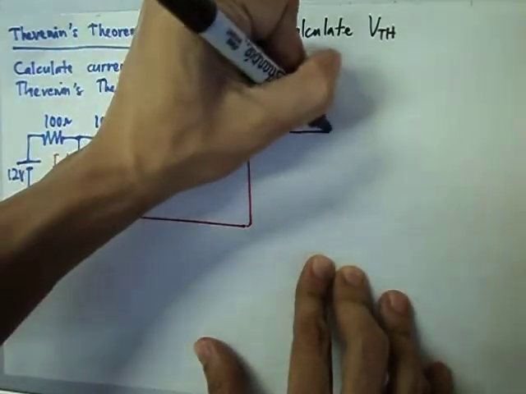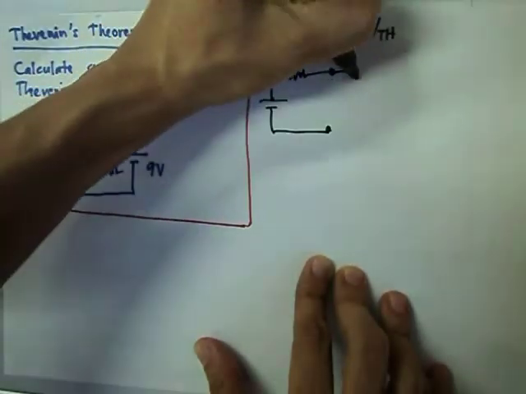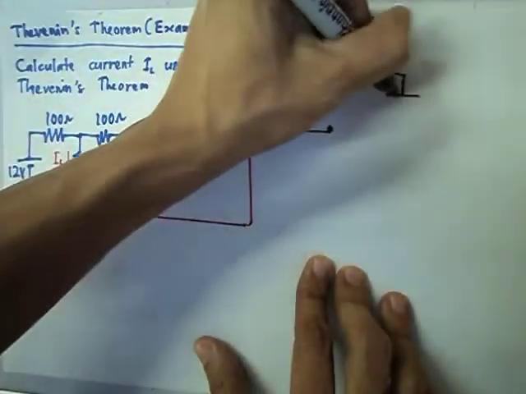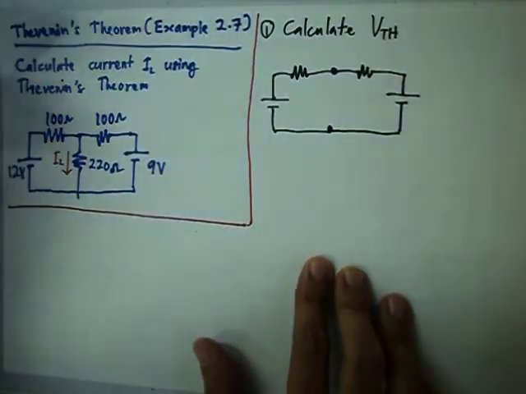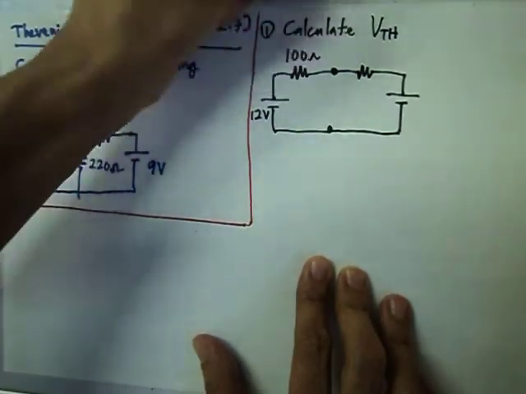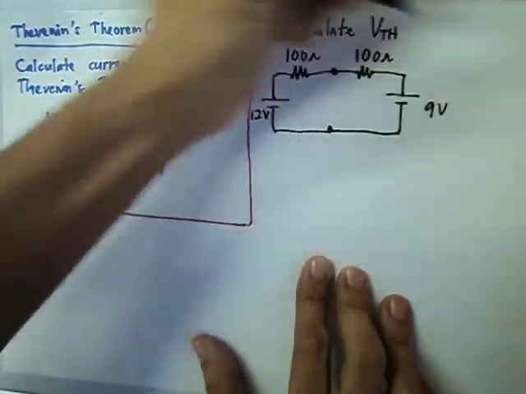and remove the 220 ohm resistor from the circuit. Now we show it like this. So here is 12 volt, 100 ohm, and 9 volt.